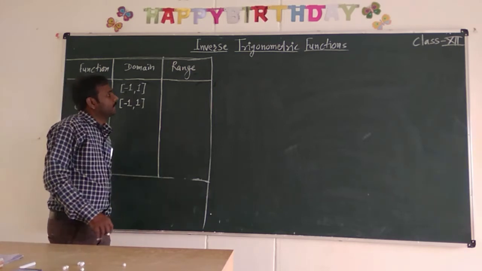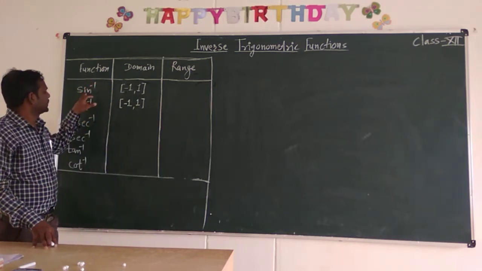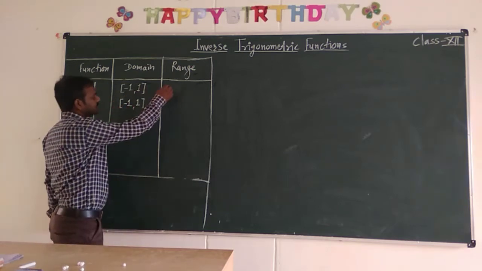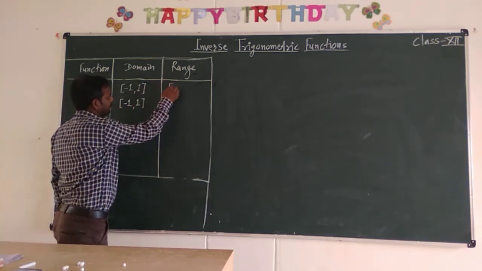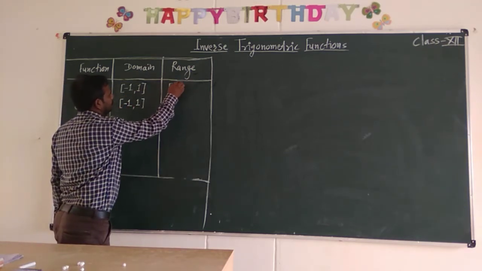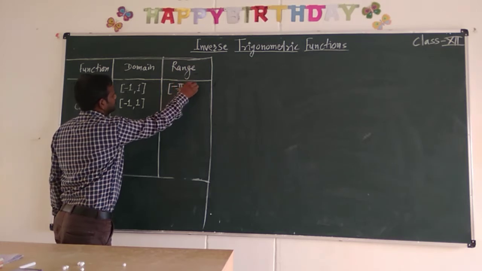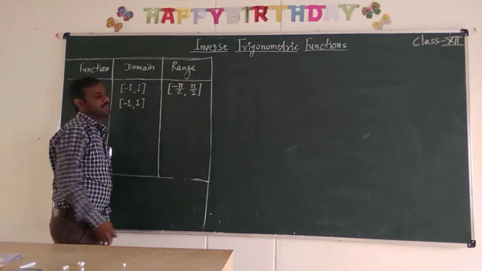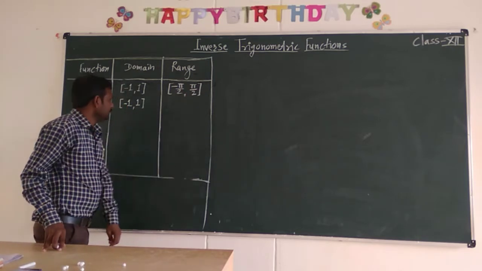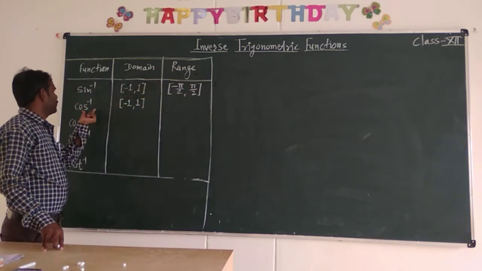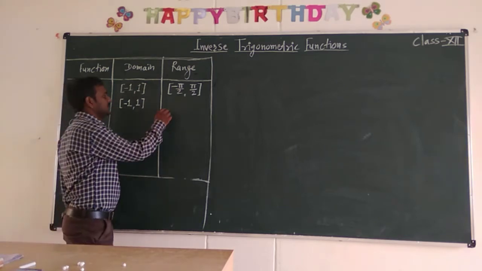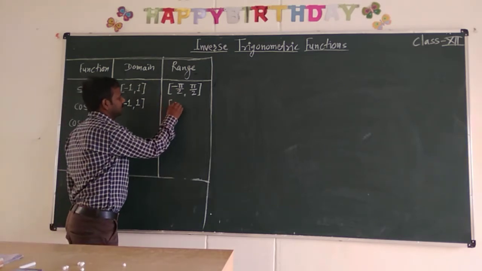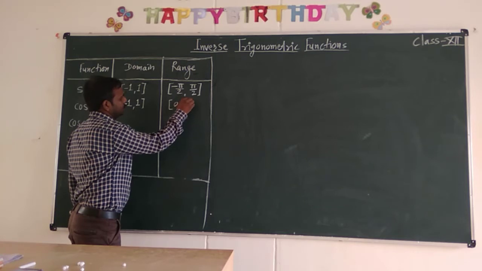So the range of sine inverse is the closed interval -π/2 to +π/2. Okay. And the range of cos inverse is again a closed interval, 0 to π.